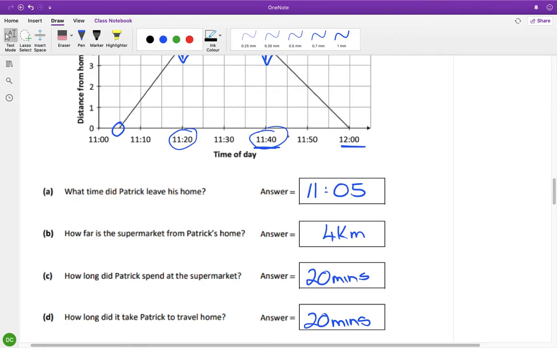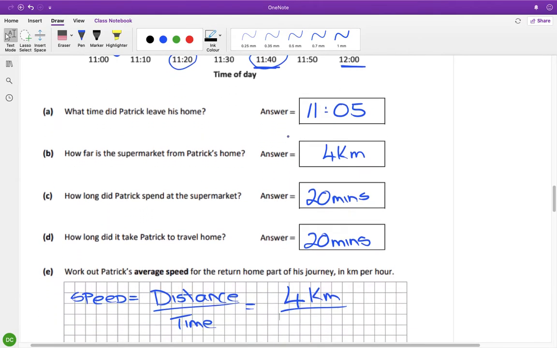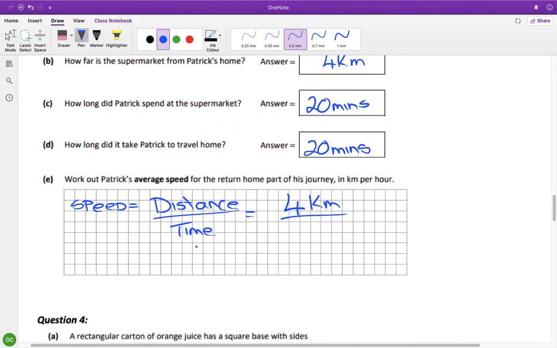Now, we can't do kilometers per minute. So for the time, we're going to have to put it into hours. So we do 20 divided by 60, which is 1/3 or 0.3 recurring. Either of those has to go here. I'm going to put 1/3 in.